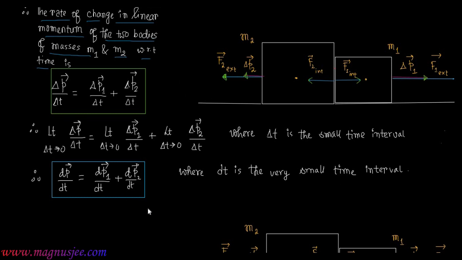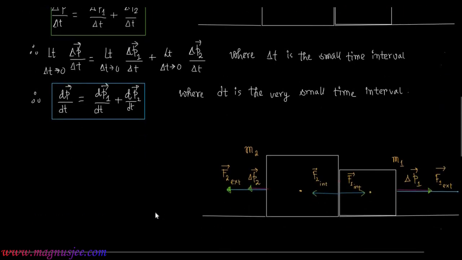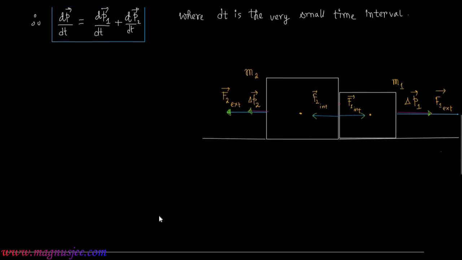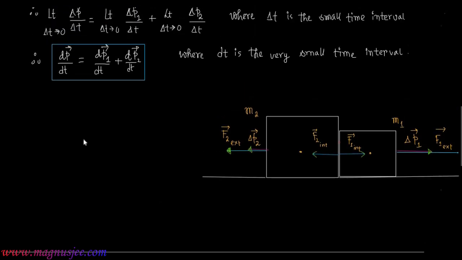We get d vector p by dt equal to d vector p1 by dt plus d vector p2 by dt.